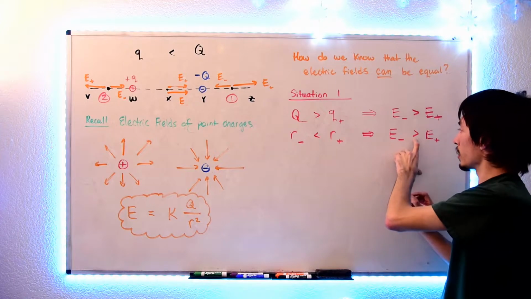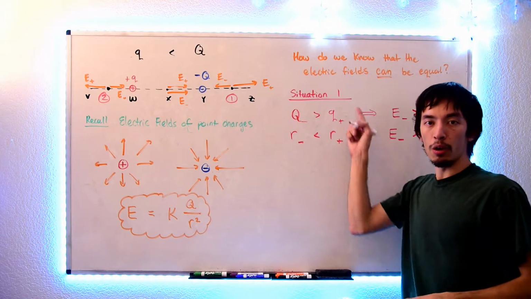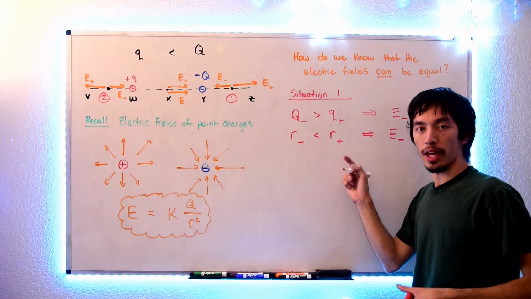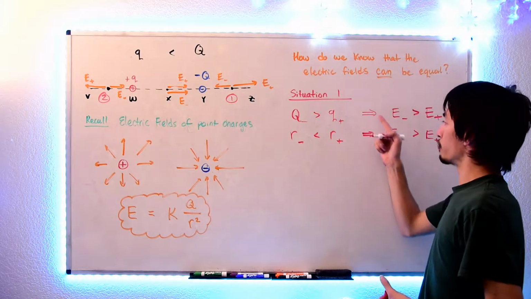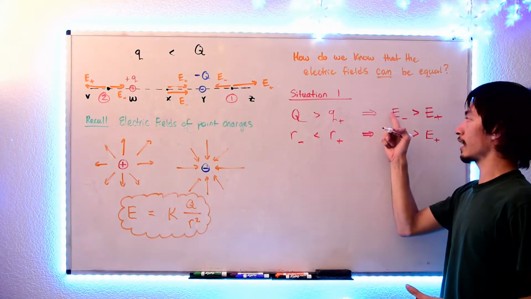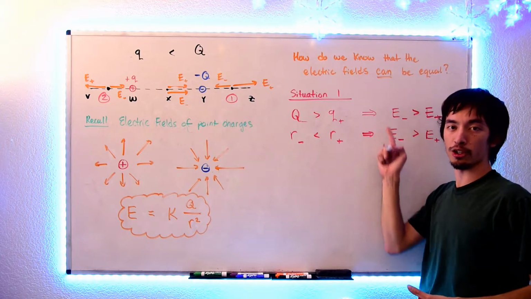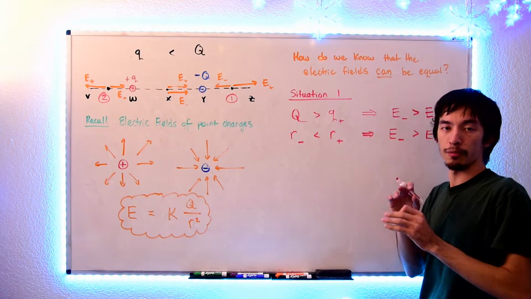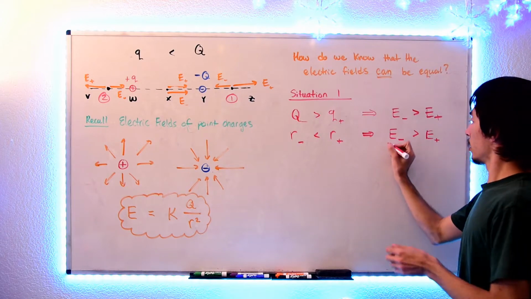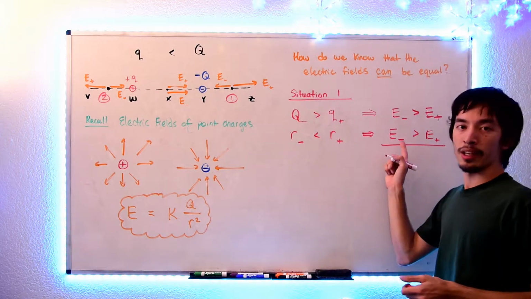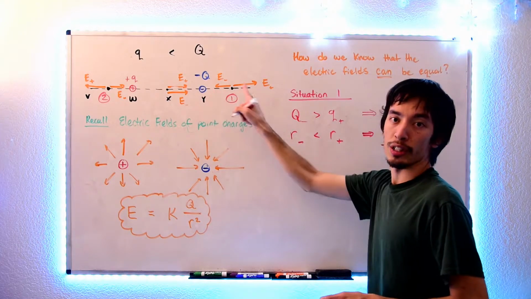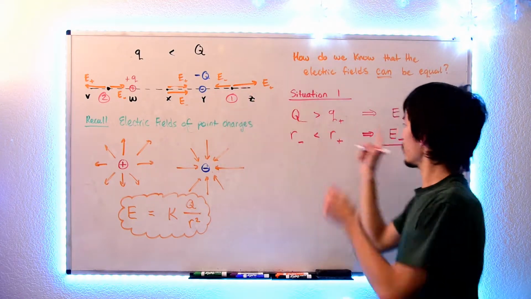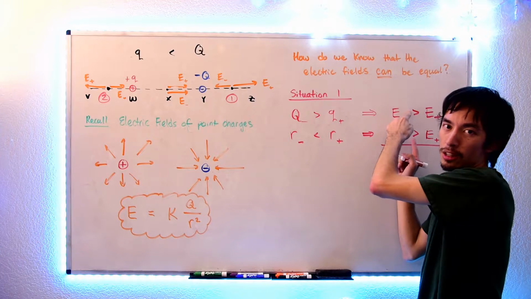So the thing is, if these are the only two factors that control the size of the electric field, and both factors tell us that the negative charge creates a larger electric field, regardless of charge and distance, there's no way that this electric field vector could equal the other one, because these two statements suggest it's always larger.